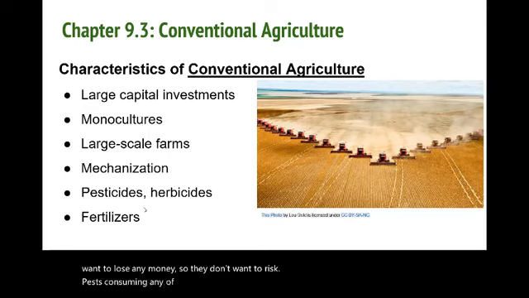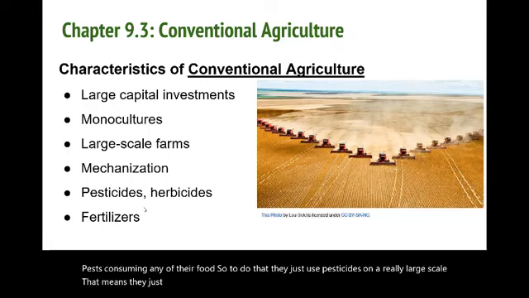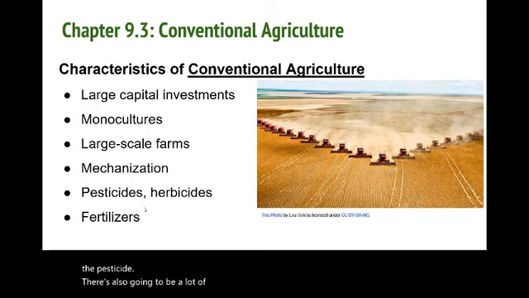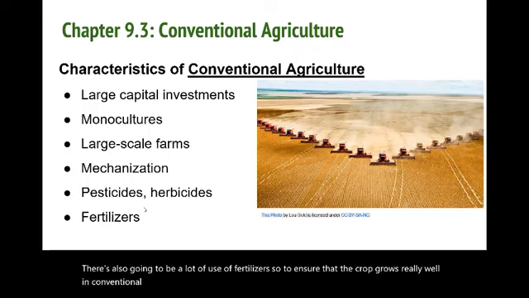So to do that, they just use pesticides on a really large scale. That means they just spray everything, whether there's a pest there or not, they use the pesticide. There's also going to be a lot of use of fertilizers, to ensure that the crop grows really well. In conventional agriculture, they have a really heavy-handed use of fertilizers as well.